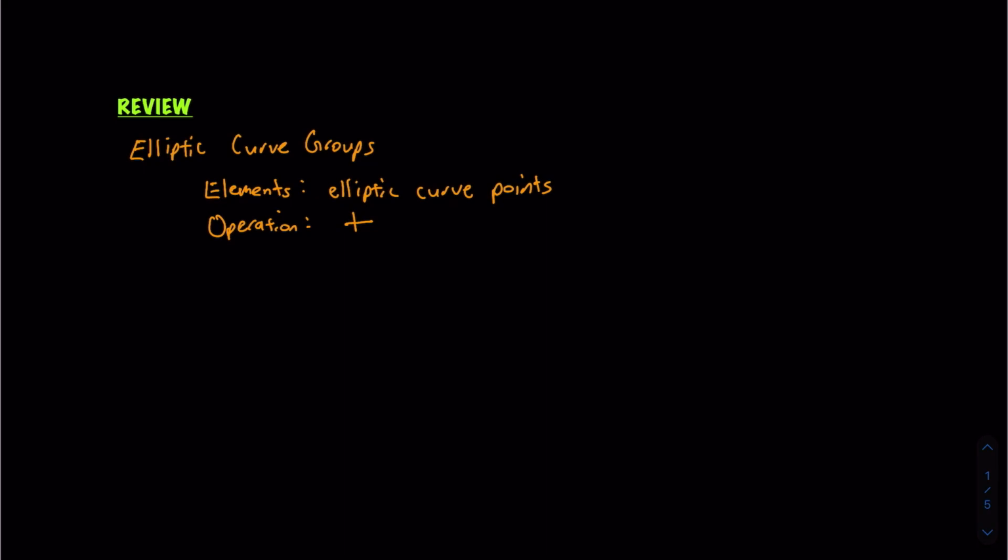Before we dive into pairings, I want to do a quick recap of elliptic curve groups, just to make sure that we're all on the same page. Recall that in an elliptic curve group, the elements in this group are elliptic curve points. The group operation is addition. We can add different elliptic curve points together to get another elliptic curve point in this group.